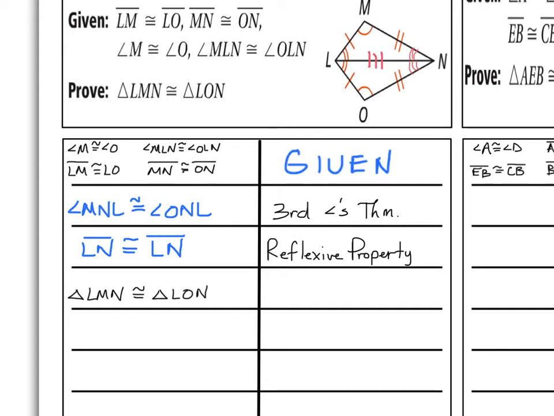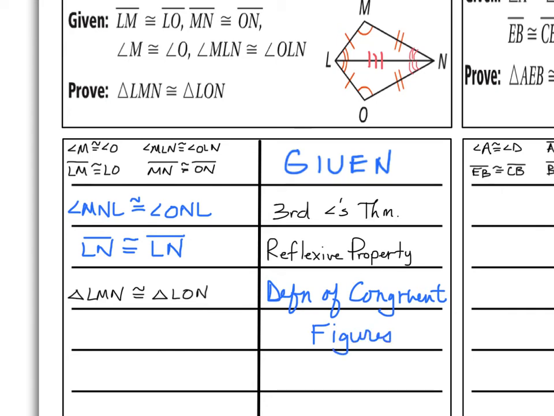Now, are all the sides corresponding and all the corresponding angles congruent as you look at this picture? Well, yes, they are. We've got everything marked. So now we can say that the triangles are congruent, and this is a new one. So you may not have gotten this one. And the reason we can say that the triangles are congruent is because of the definition of congruent figures.